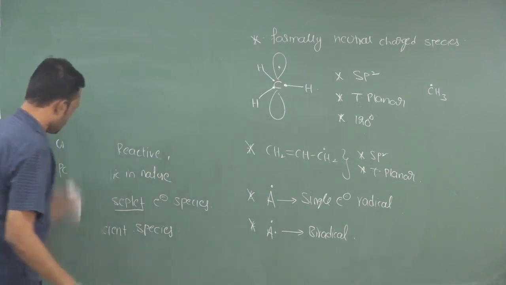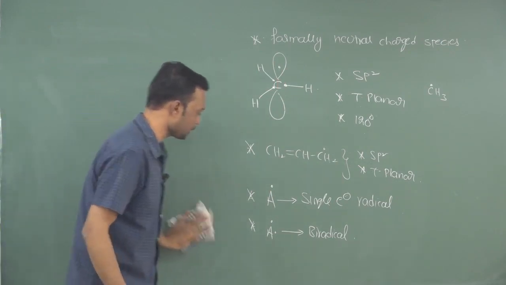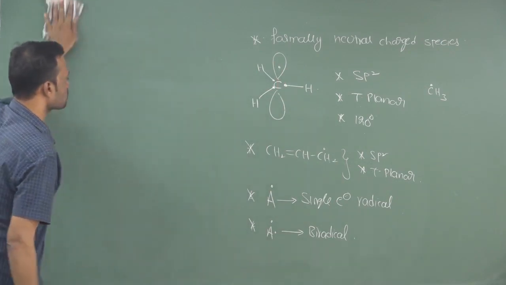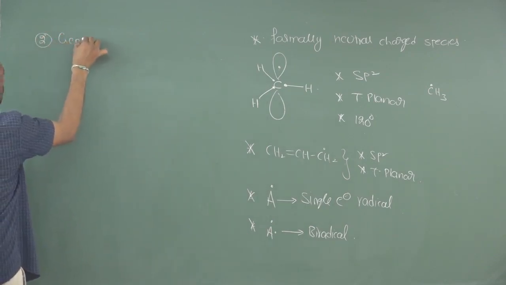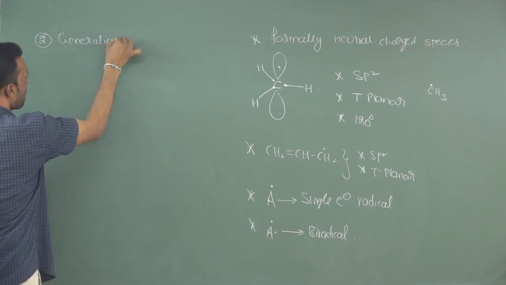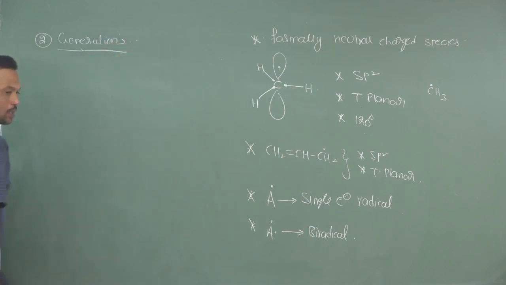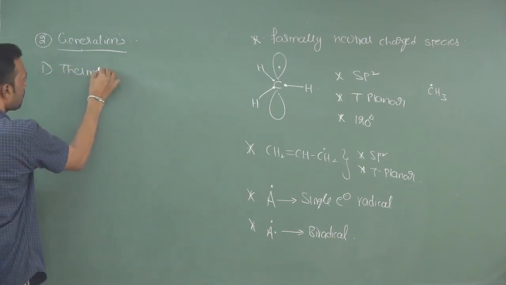Next, generation. How to generate a free radical? Generation of free radicals. So the first method is thermolysis.